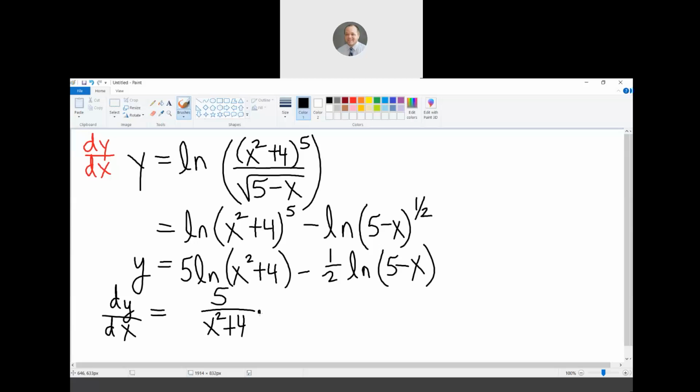And then the rest of the natural log derivative rule is you take the derivative of your function, or the derivative of x squared plus 4, minus 1/2, and the derivative of natural log of 5 minus x is 1 over 5 minus x times the derivative of 5 minus x.